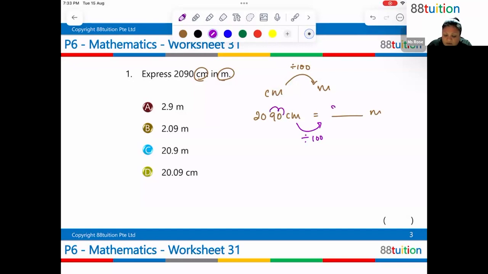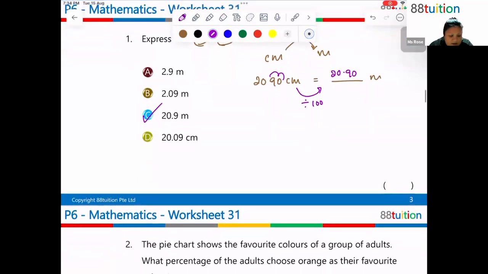That means move 2 decimal places to give me 20.90. Sorry, it is C. So this is option C.